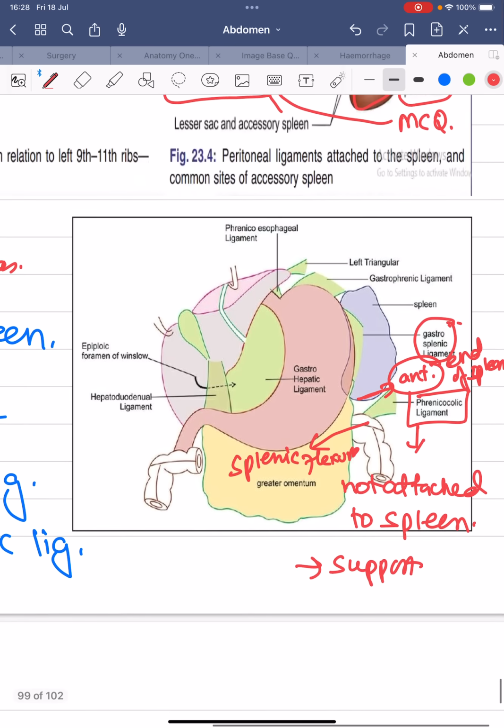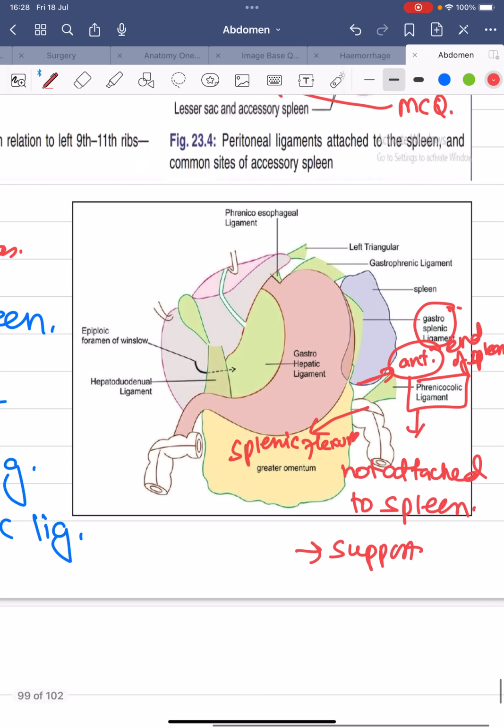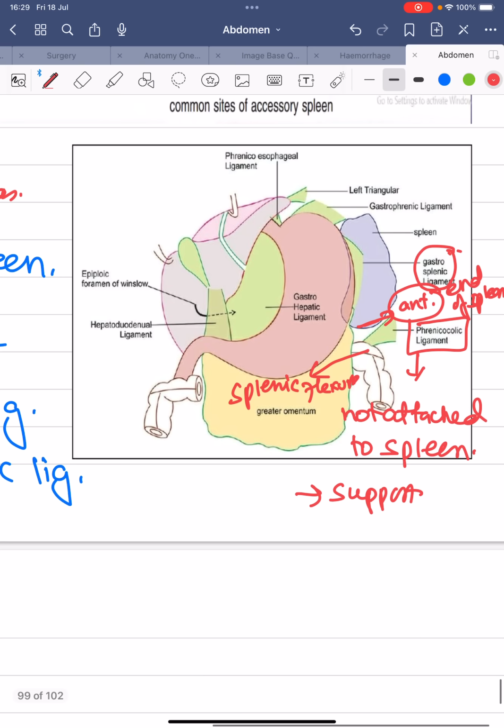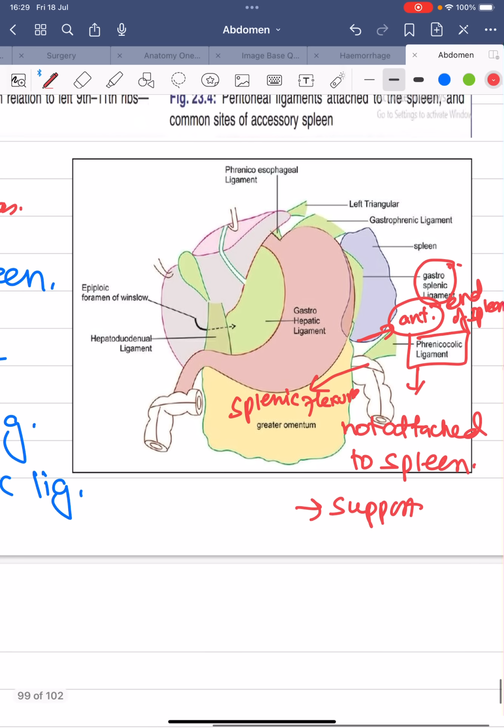So see here, it is a horizontal fold of the peritoneum extending from the splenic flexure of the colon to the diaphragm. That is why it is known as the phrenicocolic ligament. So it limits the upper end.